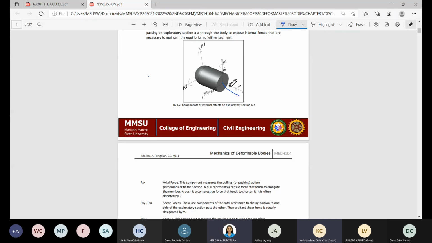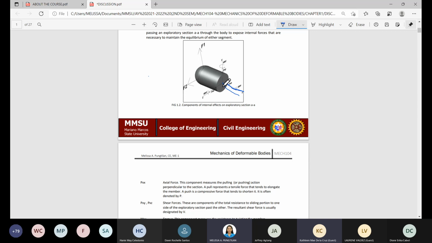Yan, ito yan. PXX. Yan yung tinatawag nating axial force. So, these components measure the pulling or pushing action perpendicularly to the section. So, a pull represents a tensile force that tends to elongate the member, and a push is a compressive force that tends to shorten it. It is often denoted by P.